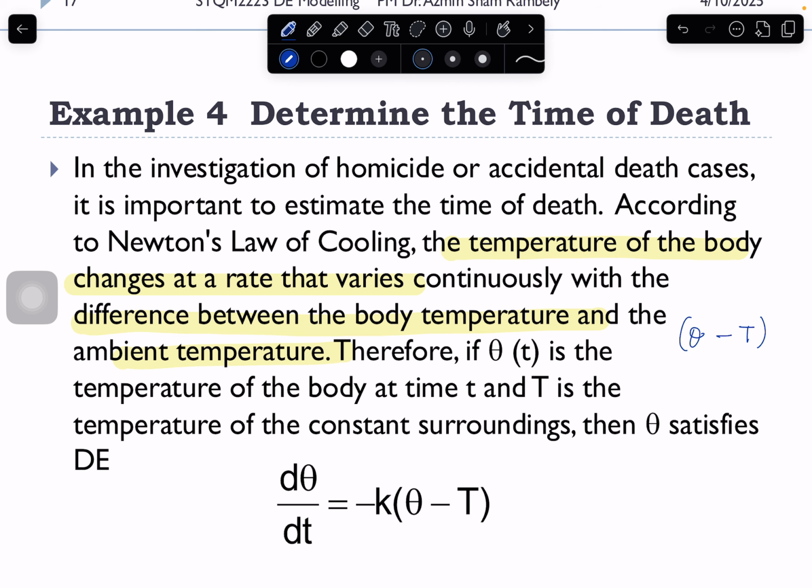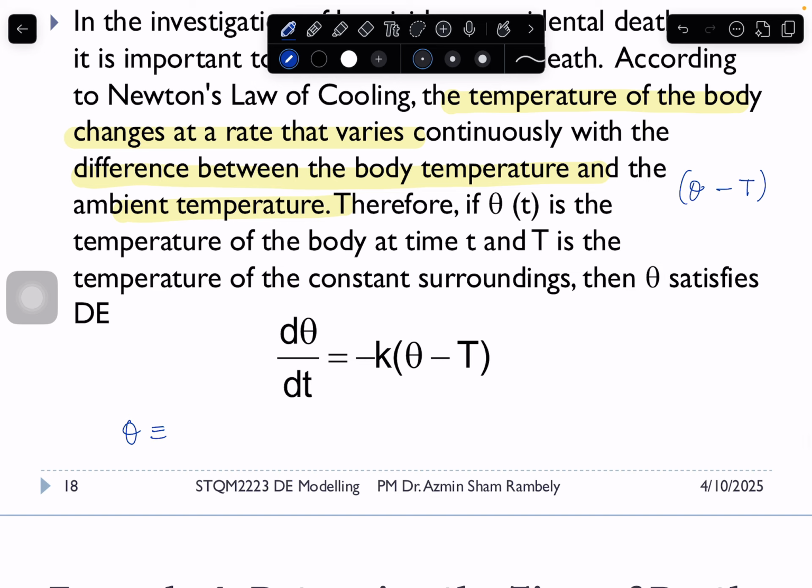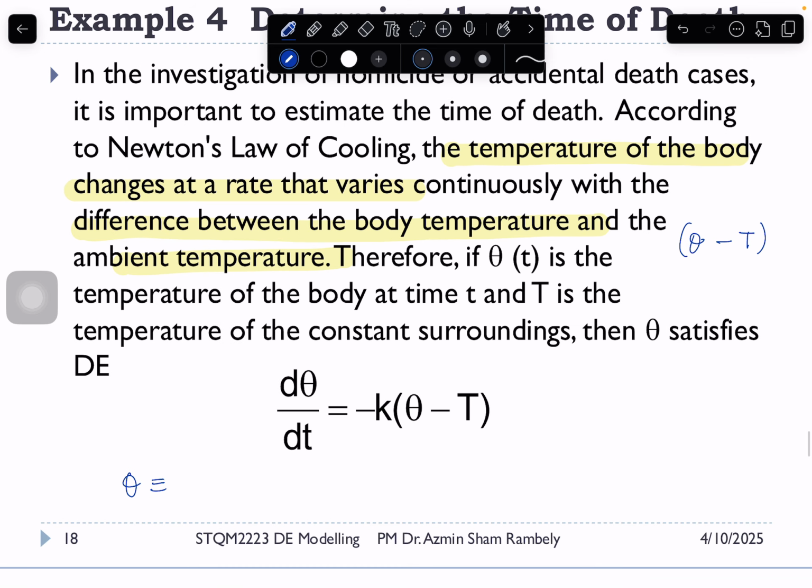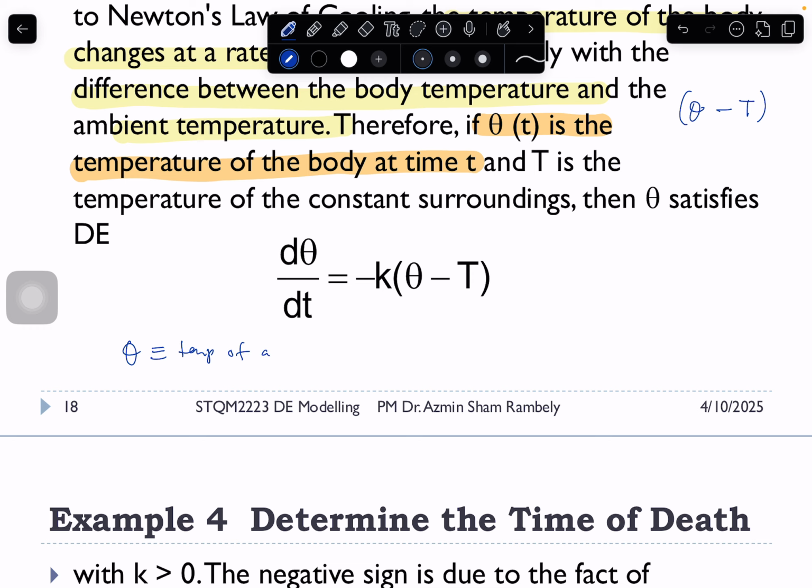Okay, so this is the temperature of the body. Again, you have to define theta is the temperature of the body at any time t, and big T is the ambient temperature of the surroundings.